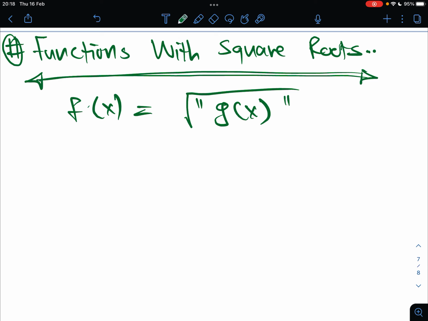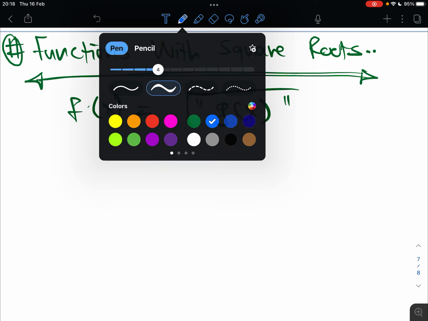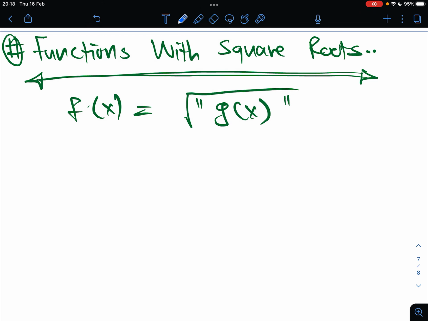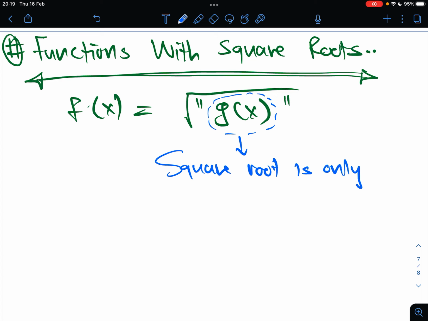There is one nice thing that you should know about the square root. You see that? What is it that you should know? A square root is only valid if the function g of x, which is underneath the square root, is always greater than or equal to 0.